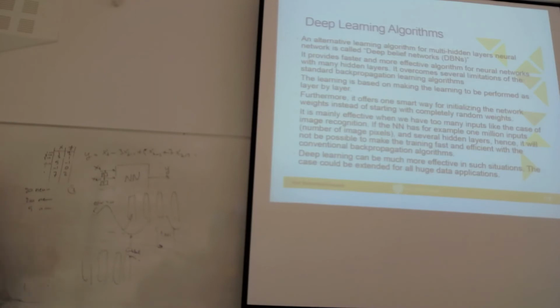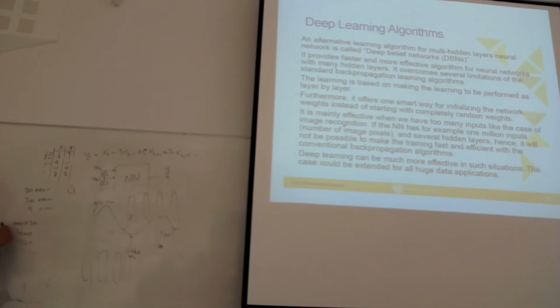If you have 1,000 inputs, the number of weights in the input layer will be 1,000 times 20, so you have 20,000 weights. In the second layer you have 20 times 20, so 400 weights. And in the output, 5 times 20, so you have 100. Then you can calculate how many weights you have.